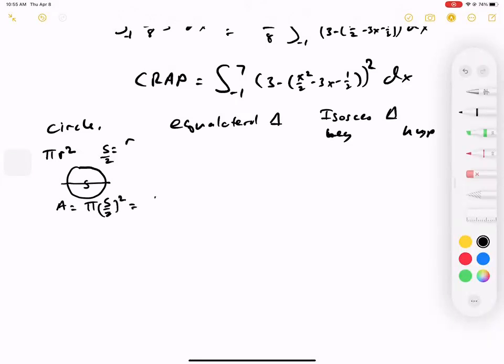Rewriting it, this is pi over 4 S squared. Guess what? The integral of pi over 4 S squared dx from -1 to 7 is just pi over 4 times crap.